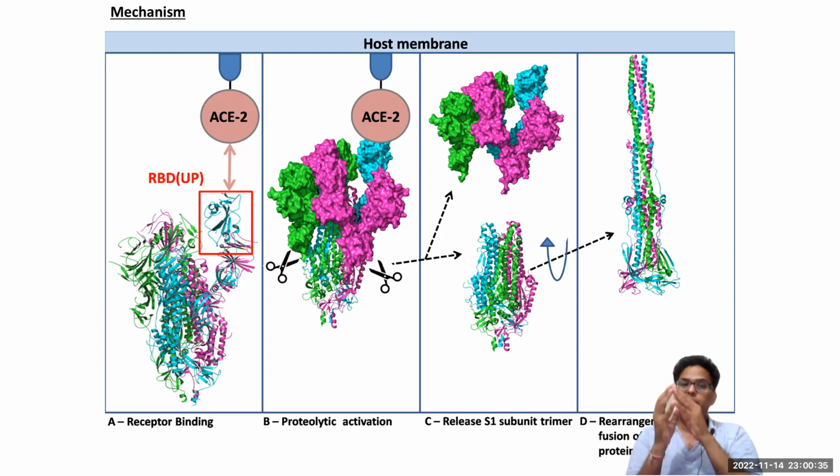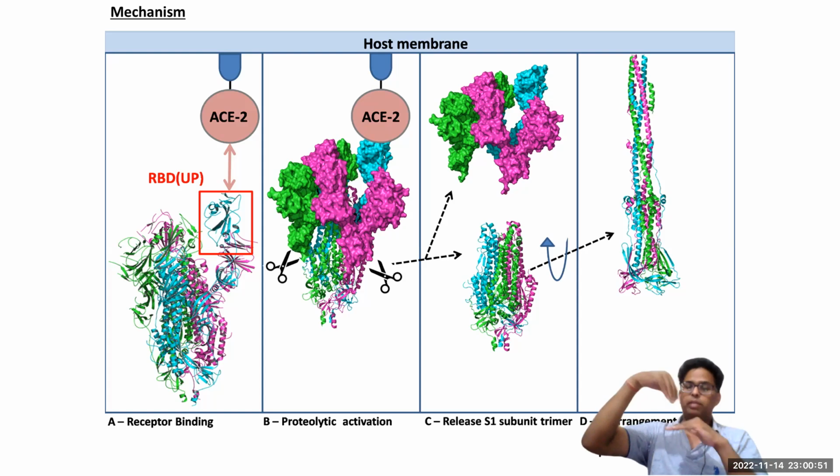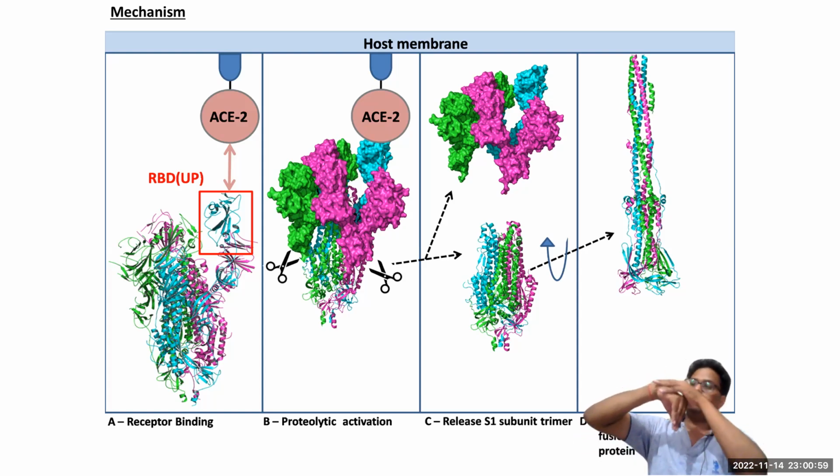Now it becomes stable, and the TMPRSS2 receptor comes and cuts the S1 domain, S1 liberates out, and the rest of the region, the S2 region, just reshuffles and now binds with the human cell surface. So ultimately the S1 liberates out, and suppose this is a human cell surface and this is the S2 region, because S1 already liberated out, and this is a COVID virus.